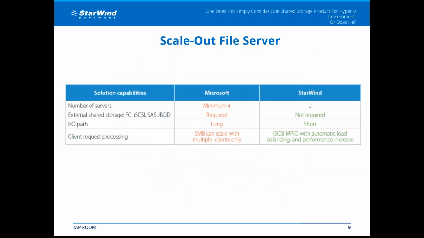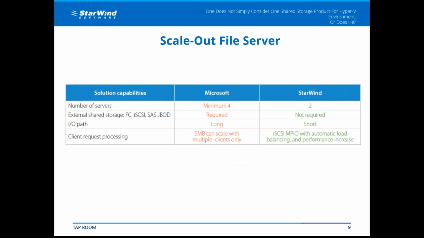Oh, right, the spreadsheet. So once again, Microsoft is limited by 4 servers. StarWind starts with 2. Well, technically it's 1 server. Well, technically it can even be the Azure server, which is virtual machine, but that's not actually production environment, let's say.